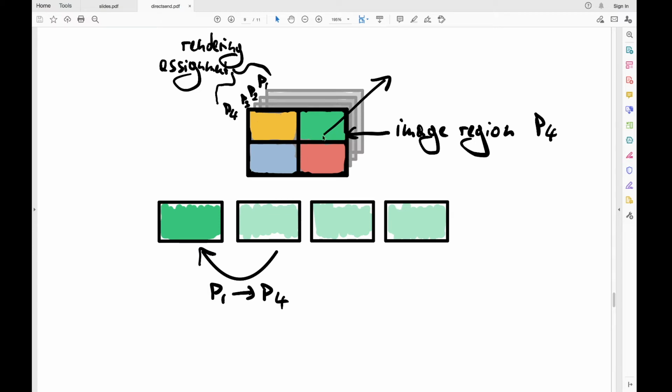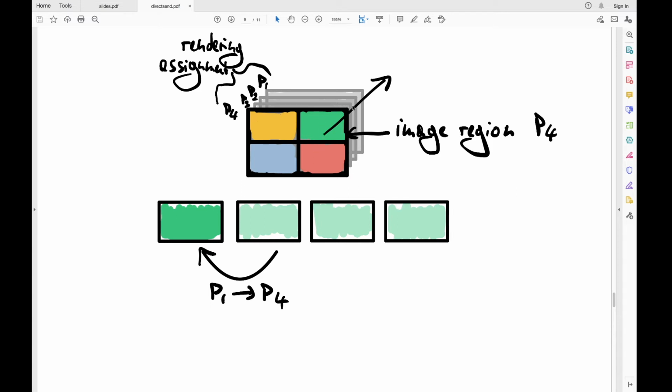But in contrast to a naive approach, each processor will not send its whole image to one processor. Each processor holds its whole intermediate image, and it will only send a part of the image, like this upper right quadrant here, to the processor that is responsible for compositing this part of the image, right?